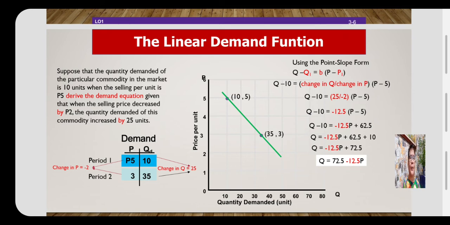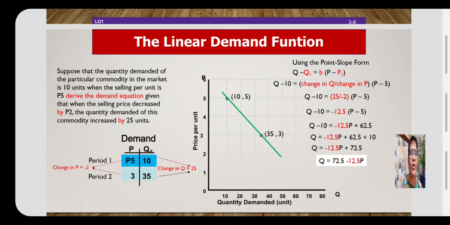Okay, so since we made use of "by" instead of "to," the "by" actually specifies the amount of change in the price or the amount of change in the quantity.